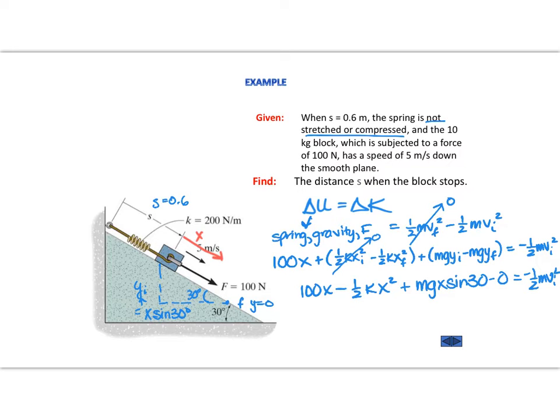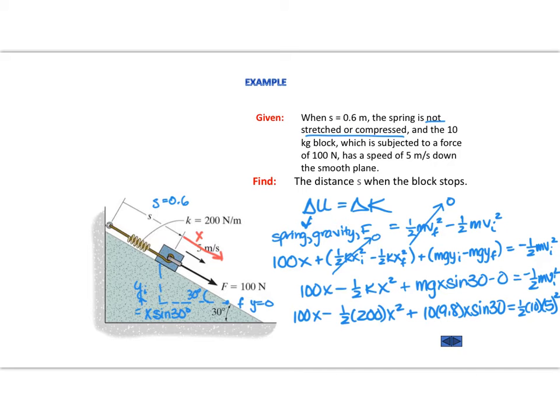All right, so if I'm substituting in some values, I have 100x. My spring constant is, what is it? Oh, it's 200. 1/2 times 200 x squared. The mass is 10 kilograms, 9.8 x sine of 30 equals 1/2 times 10 times 5 squared.